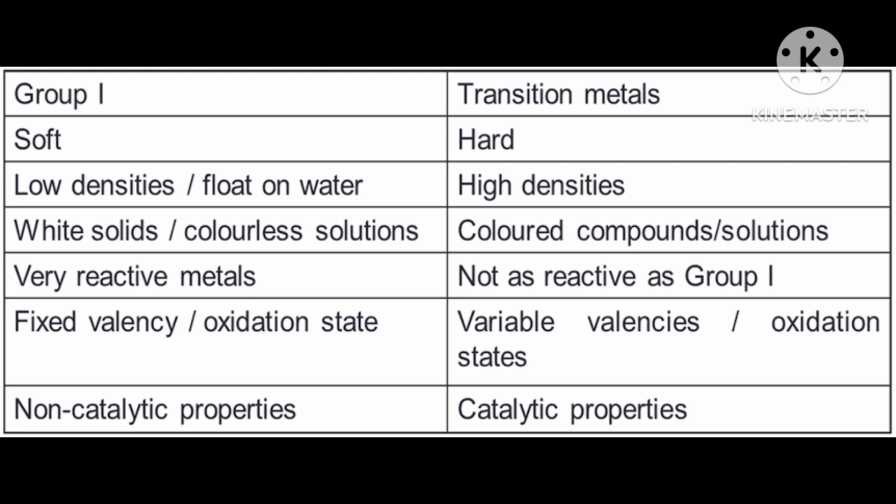Many of them are sufficiently electropositive to dissolve in mineral acid. Electropositive means basic nature. That's why it will dissolve in mineral acid. Although a few are noble, that is, they are unaffected by single acids.